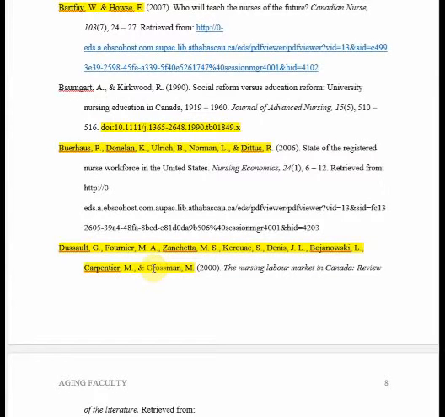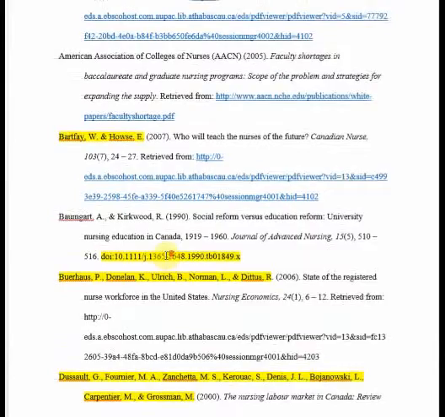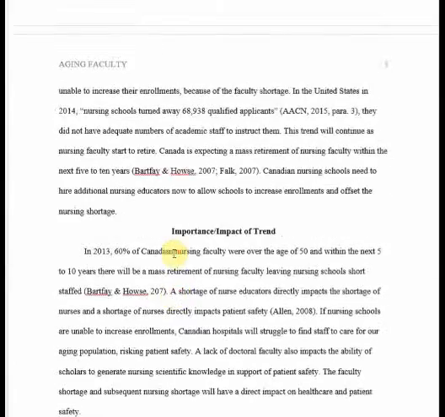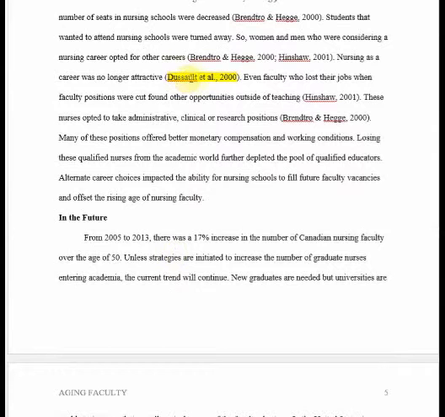So when you see more than 6 authors on a paper, you do not have to write them all out when you go to cite it. You can actually just put, I'm just going to go back up to it, write out the first author's name, and then put et al. period, comma, and the year of the publication. And that's perfectly fine.